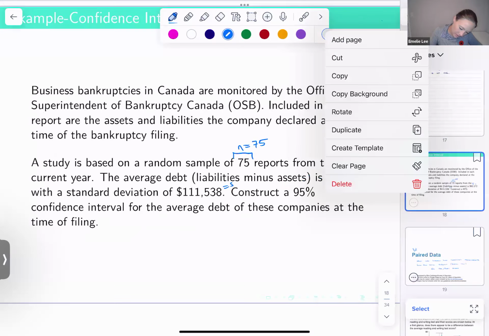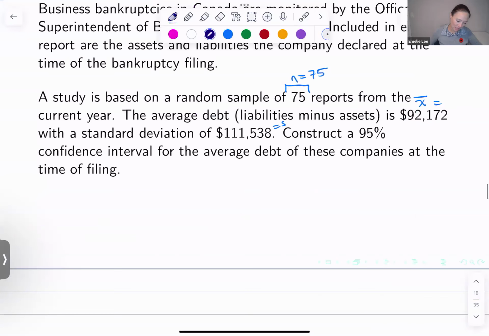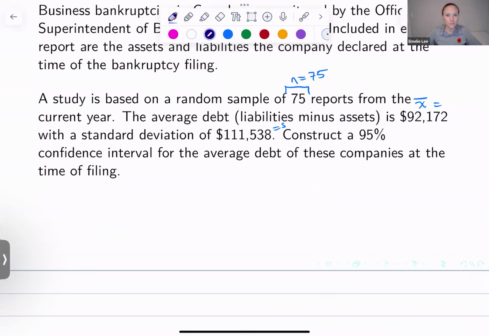I'm going to add a page here. We can check the conditions. And they're relatively simple. In fact, we didn't really celebrate this earlier, but hypothesis testing questions and confidence intervals for means have the same conditions. And so that's nice.